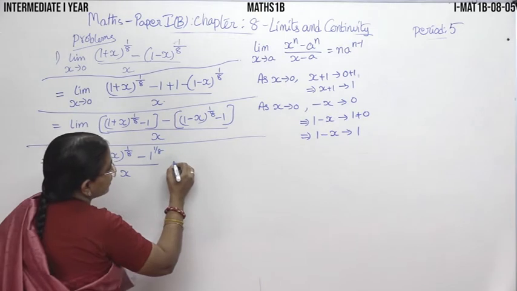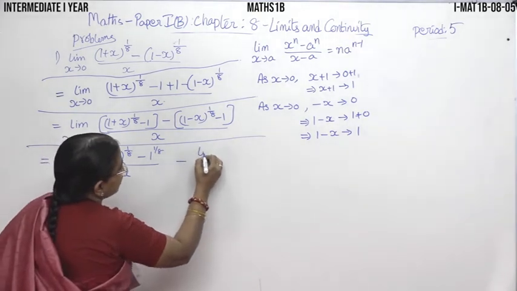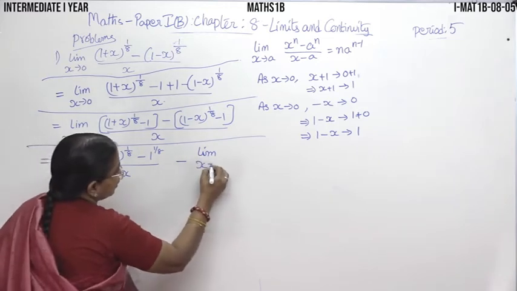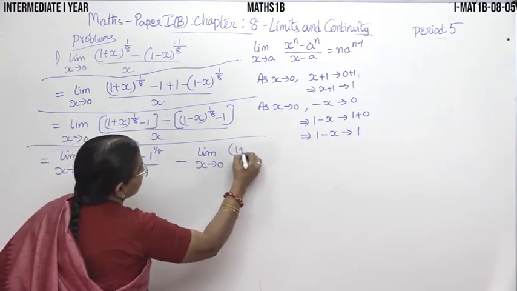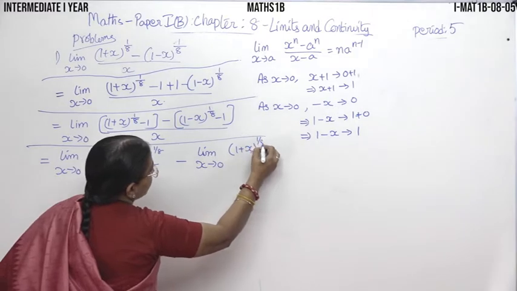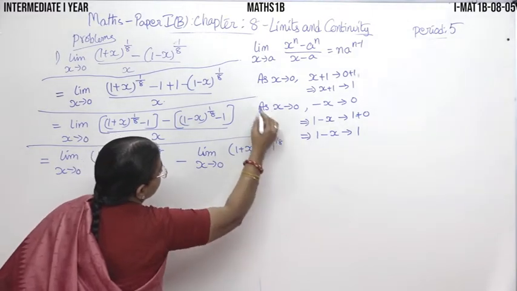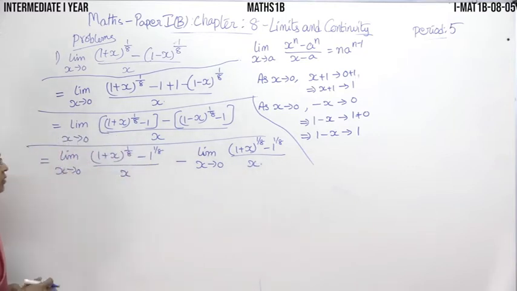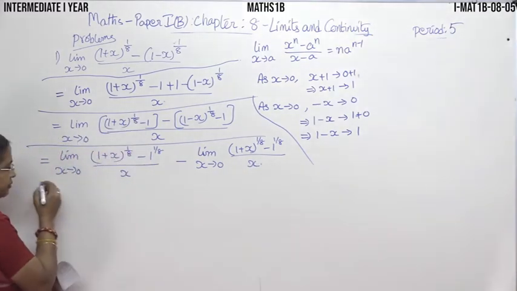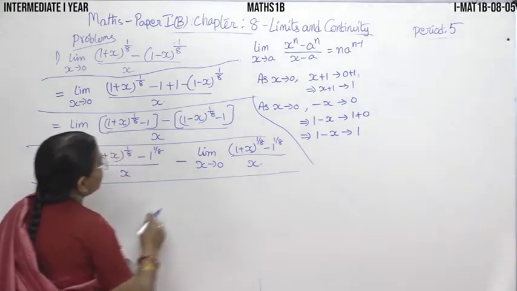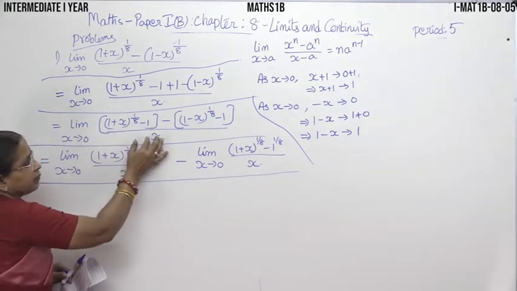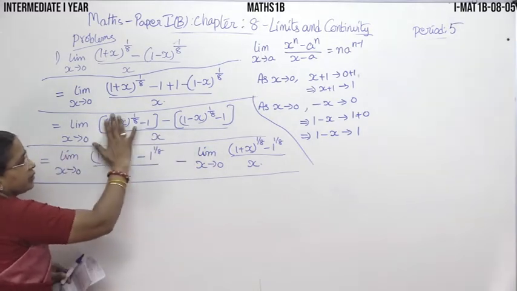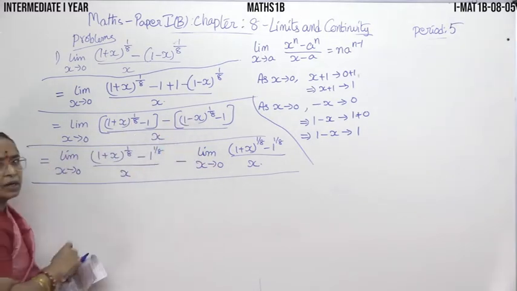Minus, we'll write limit x tending to 0 of 1 plus x whole to the power 1 by 8 minus 1 power 1 by 8 by x, like this. So we divided these separately by x, and then wrote the limit for this term and this term separately here.